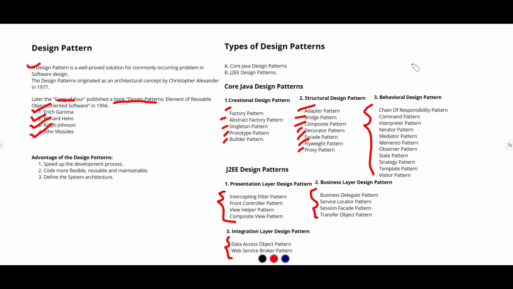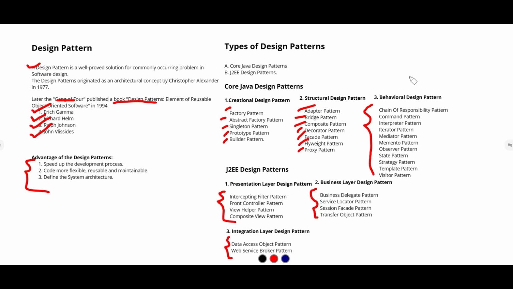And the third one, the design pattern basically defines the system architecture. Basically they provide the solutions that help to define the system architecture. So there are many advantages of the design patterns, but I just noted down here the most important three.